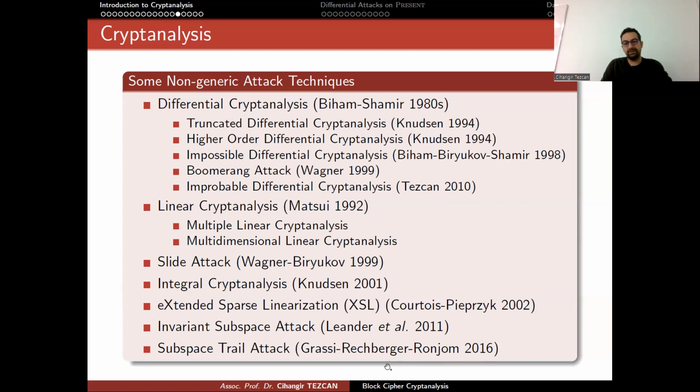Similarly, in 2016, the subspace trail attack was found by Grassi, Rechberger, and Rønjom. So this attack actually found the best distinguisher, I think a 5-round distinguisher for AES. And later on, some people combined these two attacks to get better attacks and so on. So cryptanalysis keeps improving.